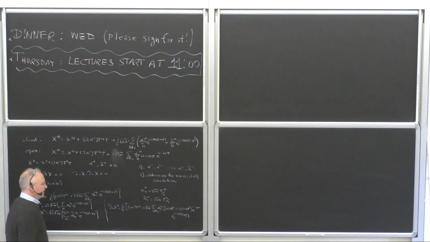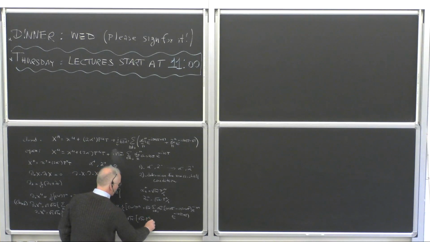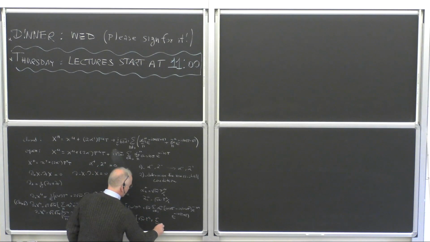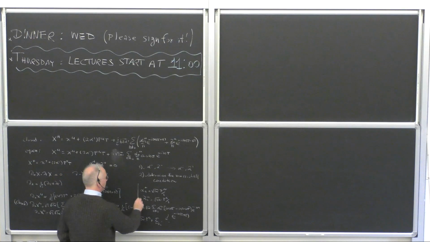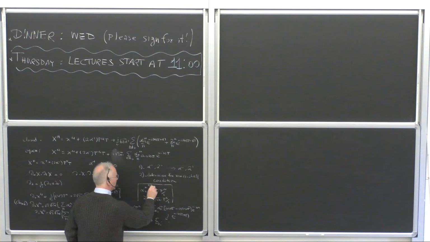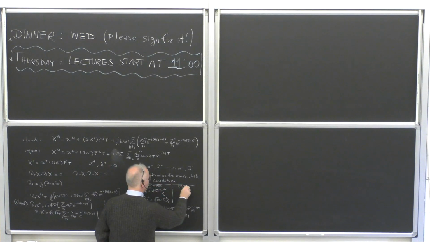But now there is a difference. The difference is that if I pull out the square root of 2 alpha prime, then I get this. So in other words, for closed, this is the 0 mode, and for open, the 0 mode is alpha 0 mu equal square root of 2 alpha prime times p mu.